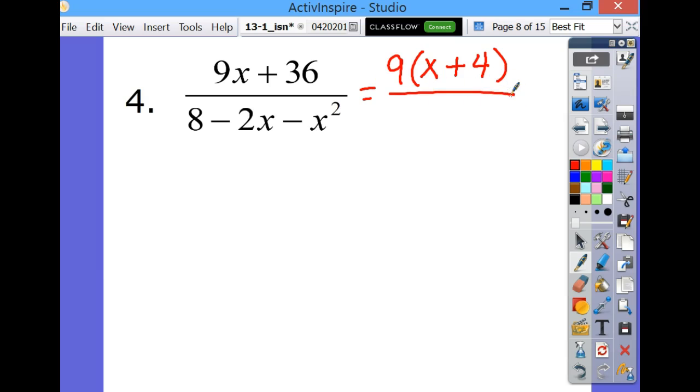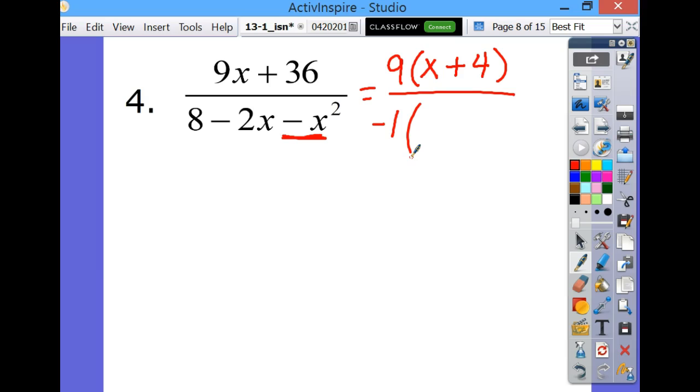Now, you can factor from this form, but it messes my brain up to try to factor that when the x squared is negative. I have a terrible time with the signs. So if the x squared is negative, I factor out a -1 to make it positive, so I don't get my brain confused.